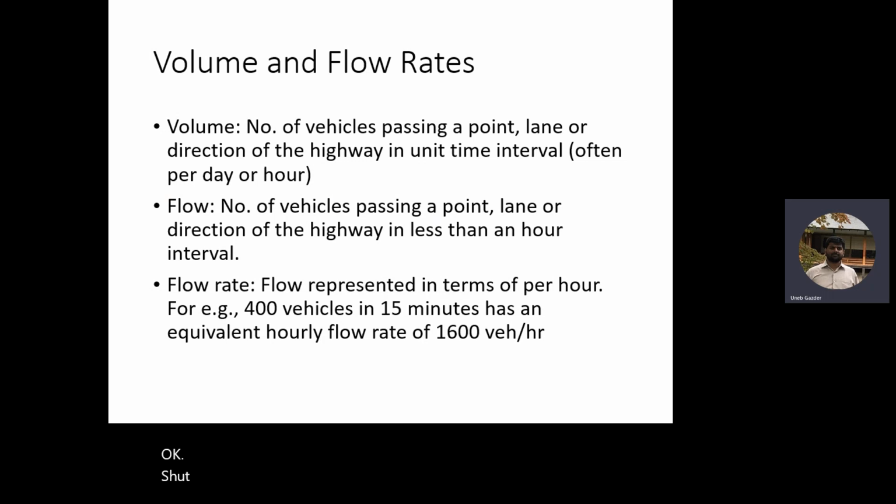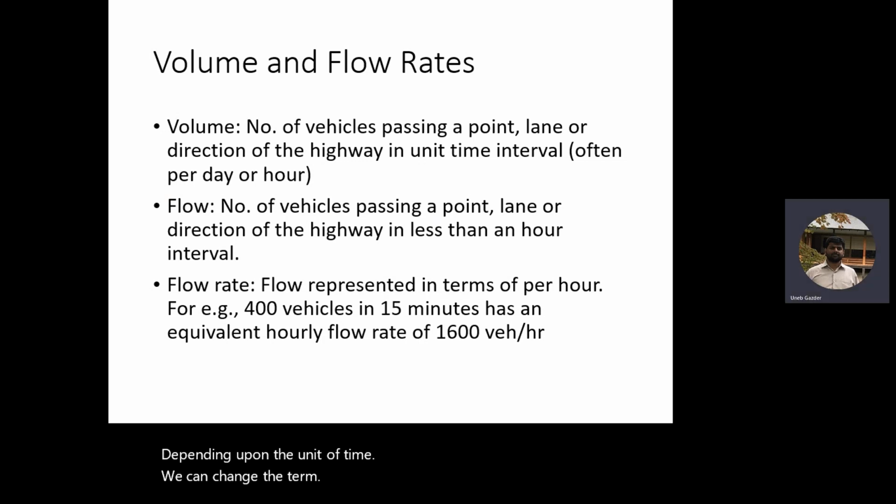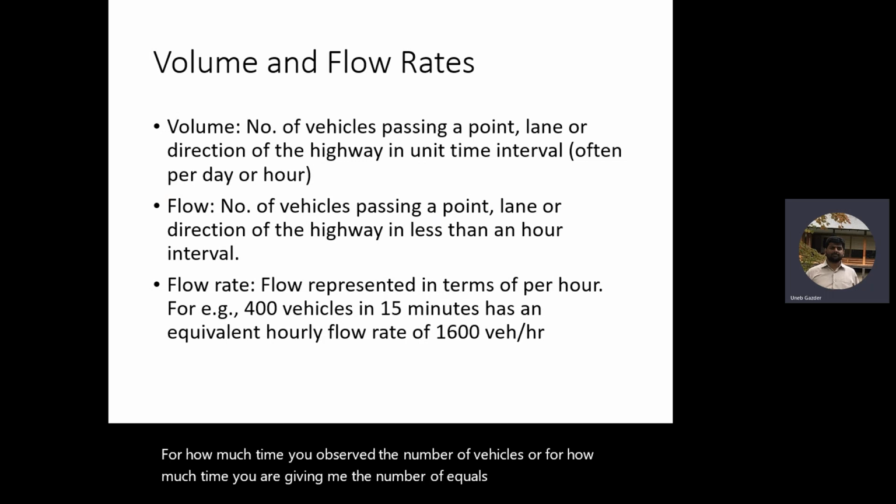So this is the basic parameter, the volume. But we said per unit time, right? Depending upon the unit of time, we can change the term. For how much time you observe the number of vehicles, or for how much time you are giving me the number of vehicles, the term will change.